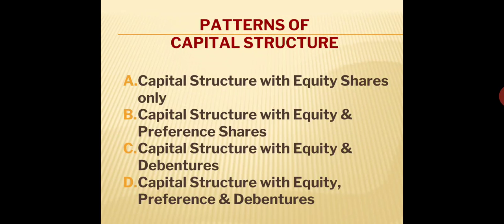But here the organization raises some of its capital through equity and the rest through debentures, and debenture holders do not have any kind of voting rights. So equity shareholders are not able to influence the managerial decisions by their voting rights. So ultimately, the company gets the benefit of the no voting right policy on debenture holders.